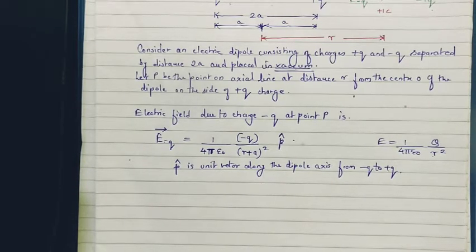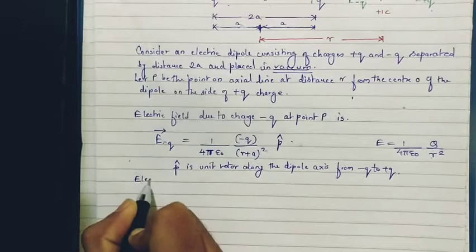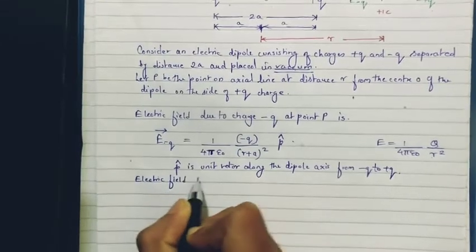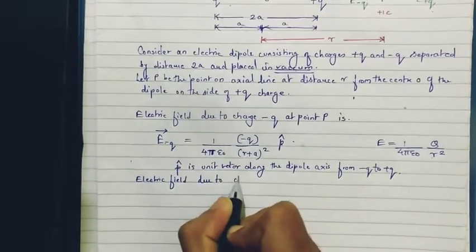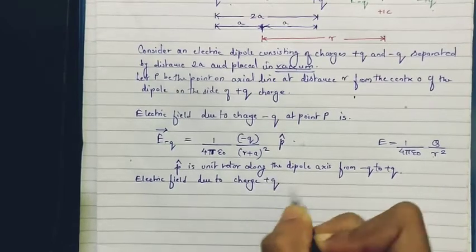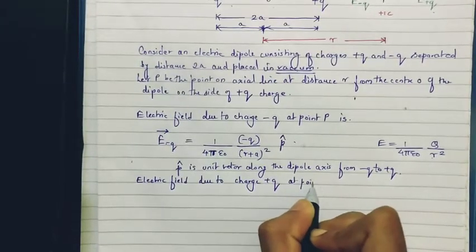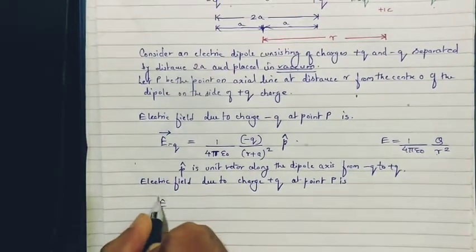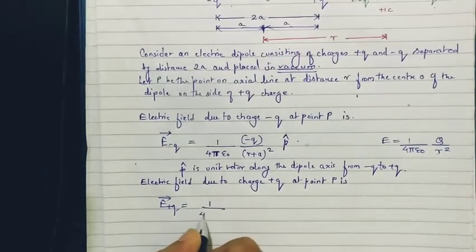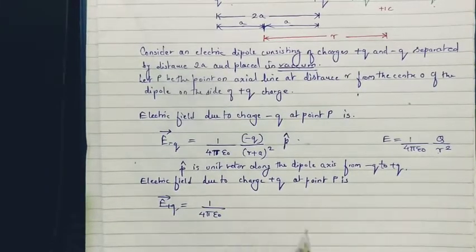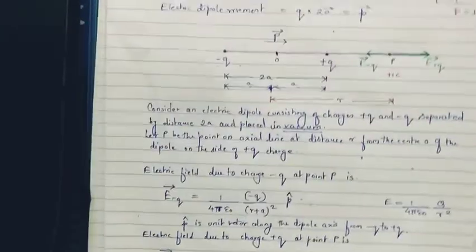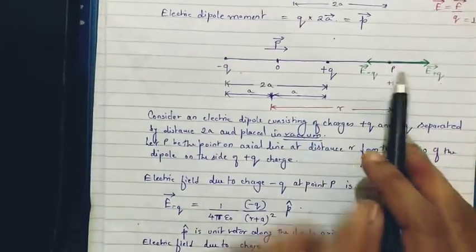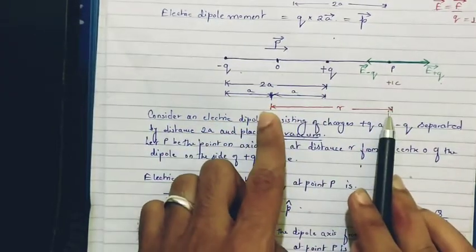Let's move on to the next step, wherein we write the electric field due to plus q charge at point P. So the electric field due to charge plus q at point P is E plus q, again 1 upon 4 pi epsilon naught, q upon the distance. Now the charge is q here. The distance from here to here, we know, is r.